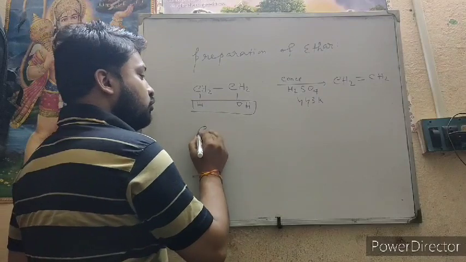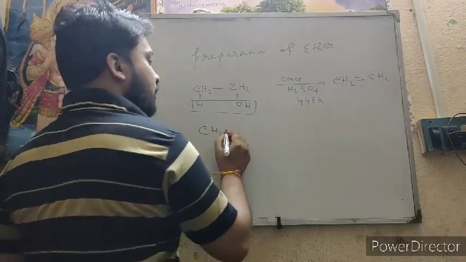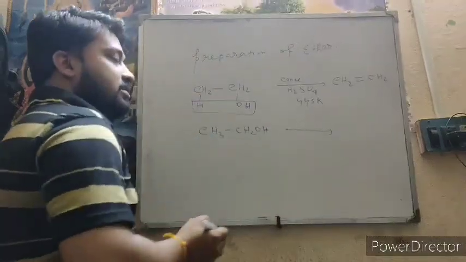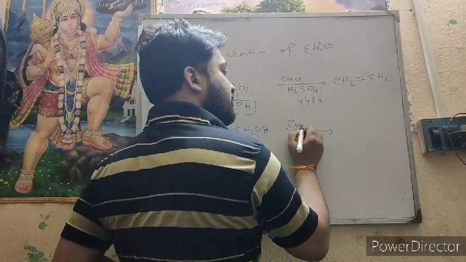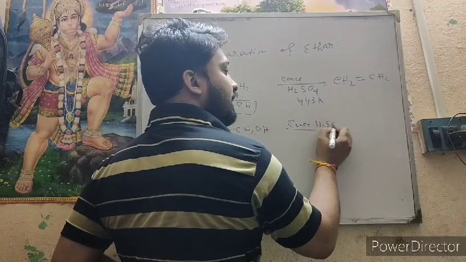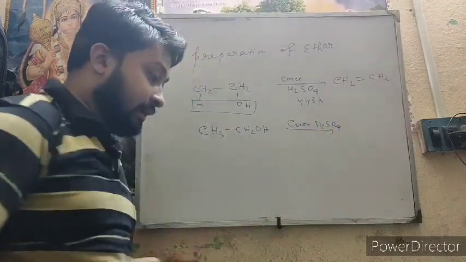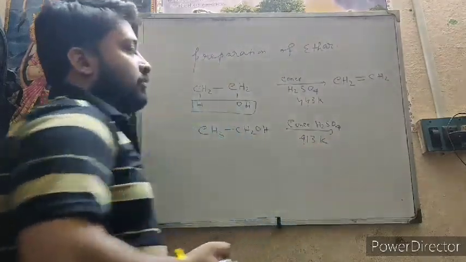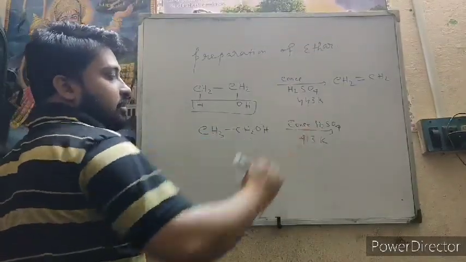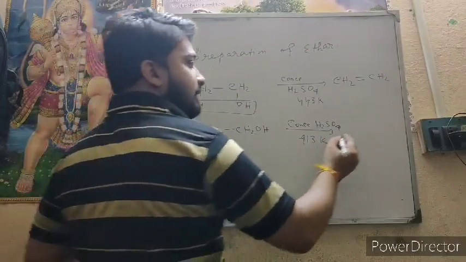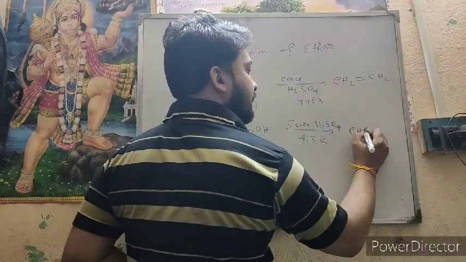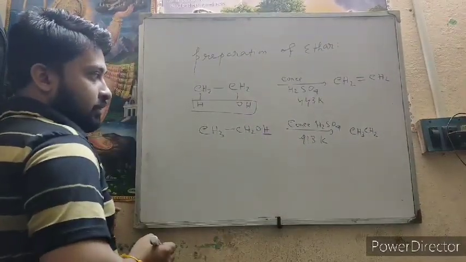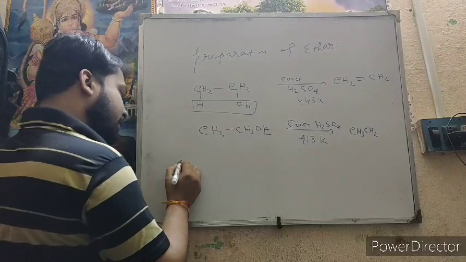But if you take ethanol, CH3CH2OH, and react it with concentrated H2SO4 at 413 Kelvin instead, with this change in temperature you get ether.